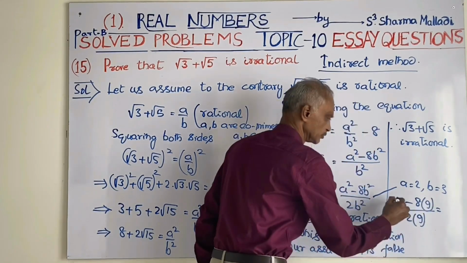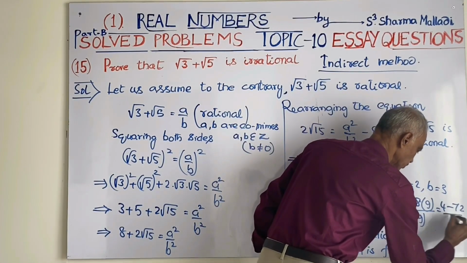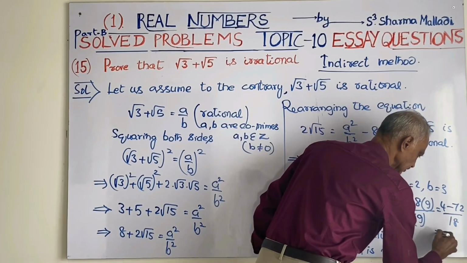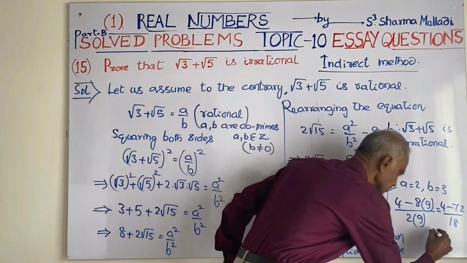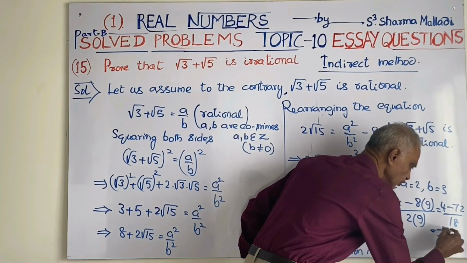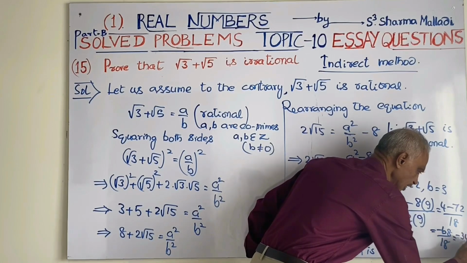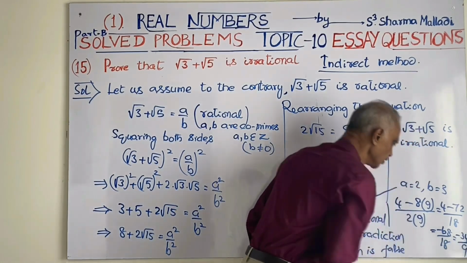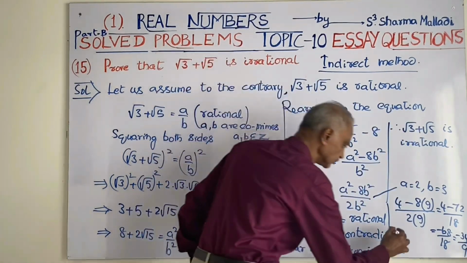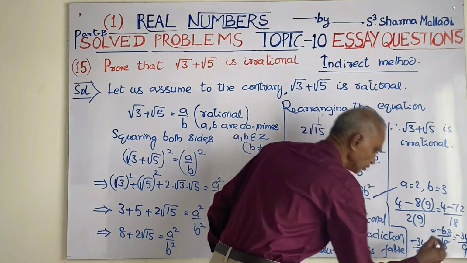This is equal to 4 minus 72 by 18, is equal to minus 68 by 18. You got minus 34 by 9, which belongs to the rationals.